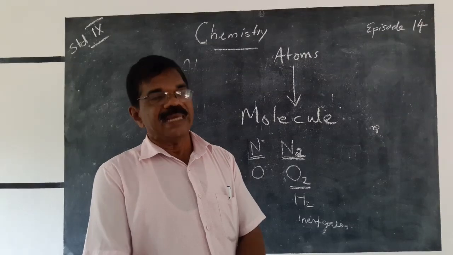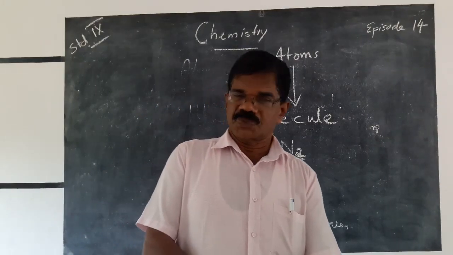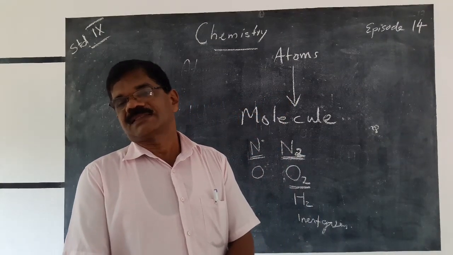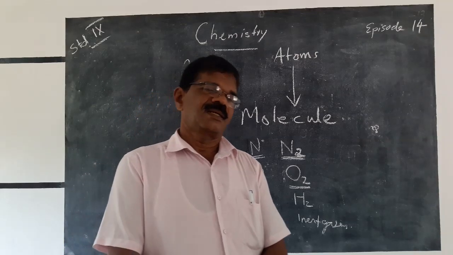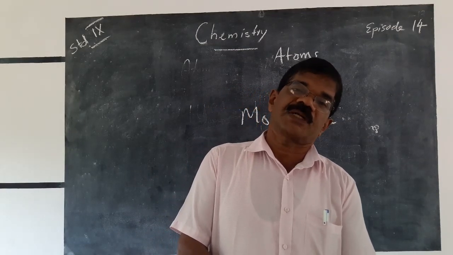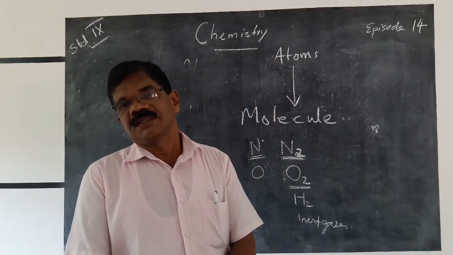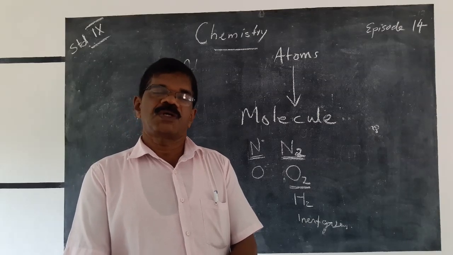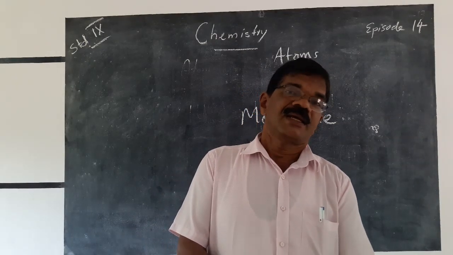But in the case of reactive elements, atoms cannot exist independently. Second, atoms may or may not show the properties of a substance. An oxygen atom does not show the properties of oxygen gas, but an oxygen molecule O2 shows the properties of oxygen. That's the difference between an atom and a molecule.